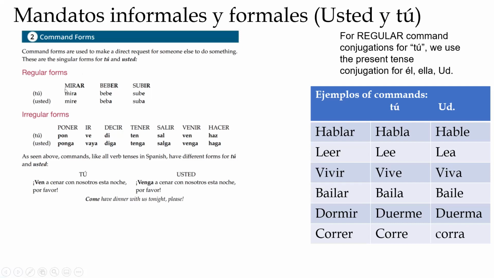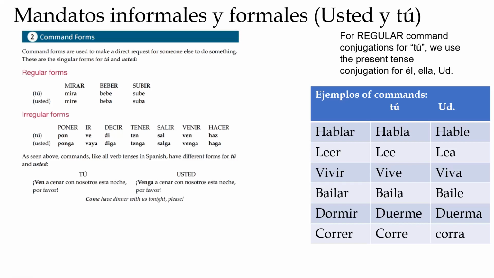Okay, so once again, the command forms for tú are typically equivalent to the regular conjugations for usted in the present tense. Okay, so this is to say like tú, mira aquí, look over here. Okay, or bebe agua, drink water. Sube, so come upstairs, sube, something like that.